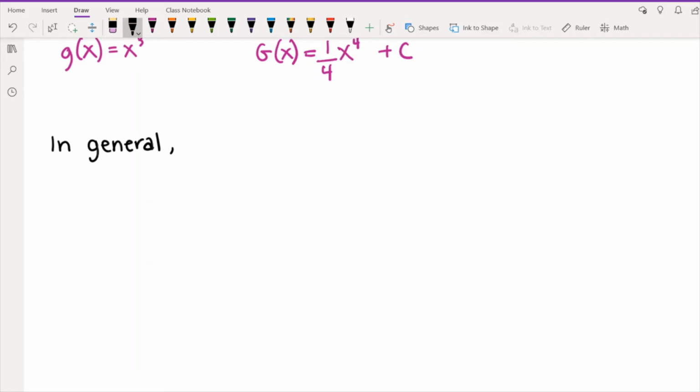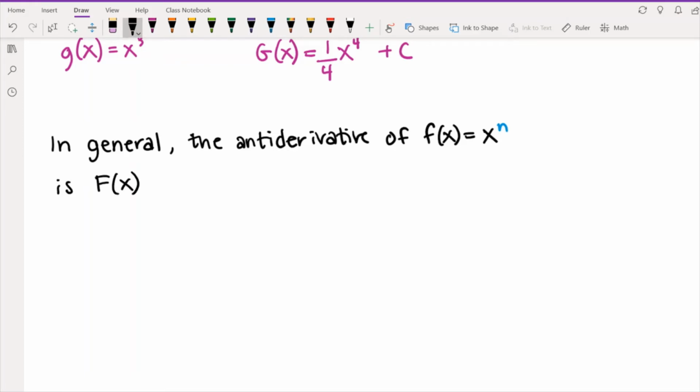Let me say it this way: the antiderivative of f of x equals x to the n is going to be capital F of x equals, so the new exponent will now be n plus 1. And then we need to multiply that with 1 over n plus 1. And then I should throw on a plus c here.